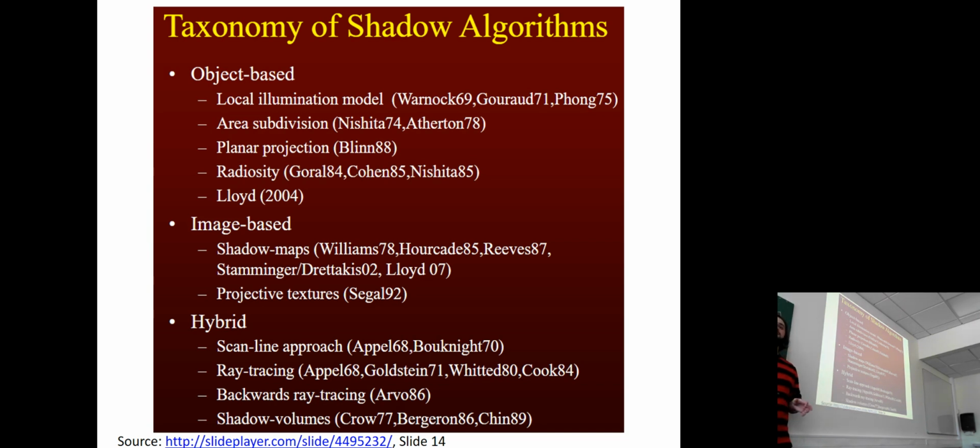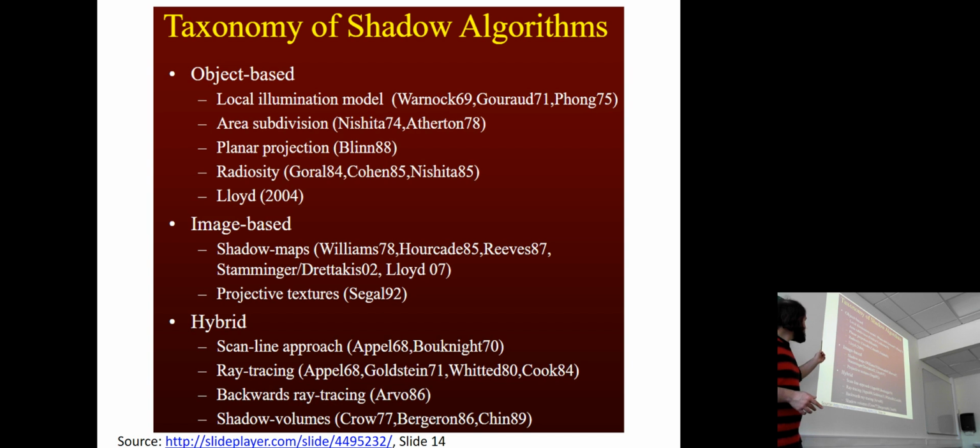For lighting, for instance, the Phong model is a basis that is very widely used and very convenient. But for shadow algorithms, there are lots of algorithms competing with each other, with all their pros and cons, but there are three different groups.